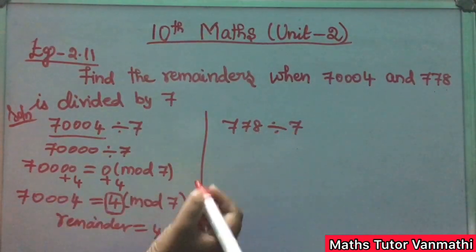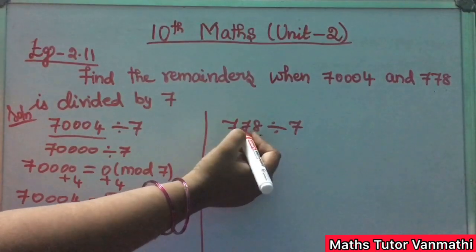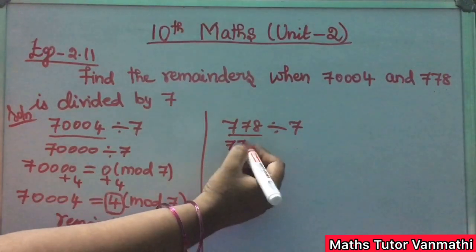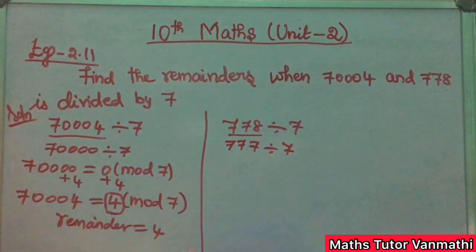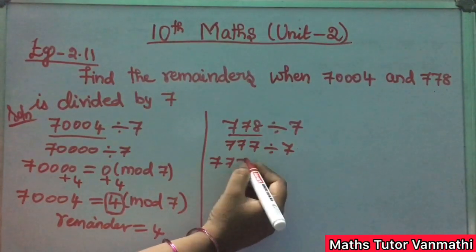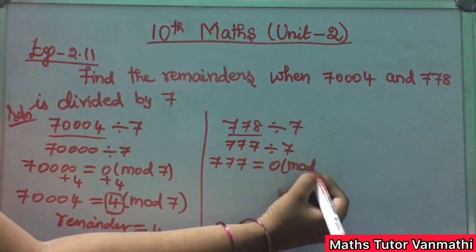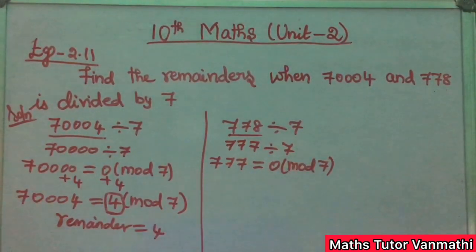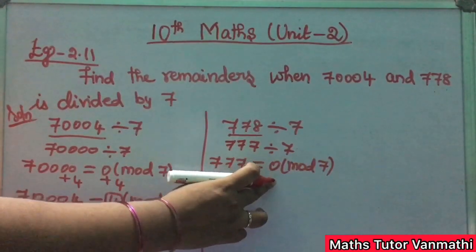778 is divided by 7. So nearest to this we have to check. 777 can be divided by 7. So this can be written as 777 is equal to 0 mod 7. Clear? Because while dividing by 7, you will get only 0 remainder.